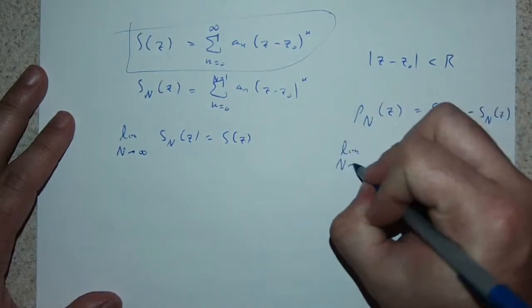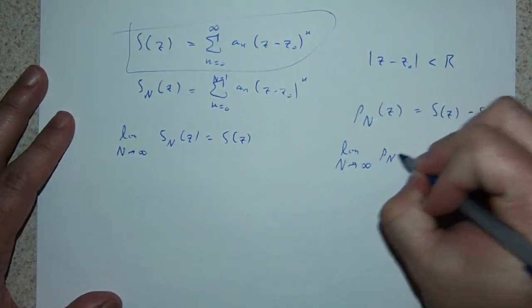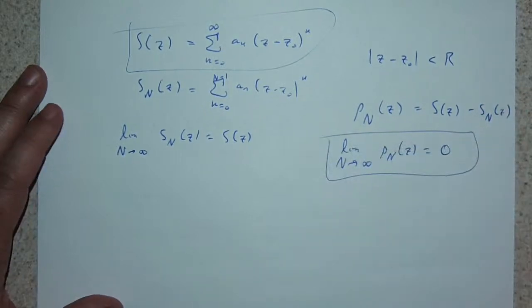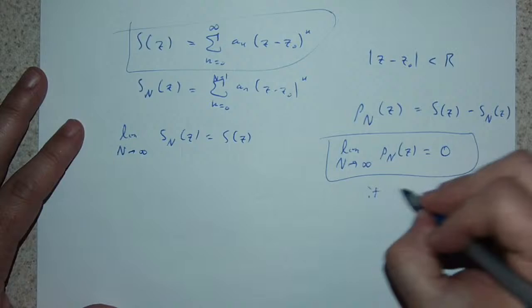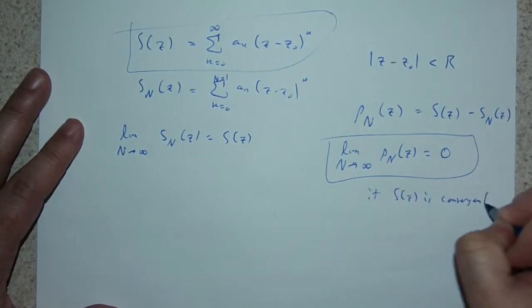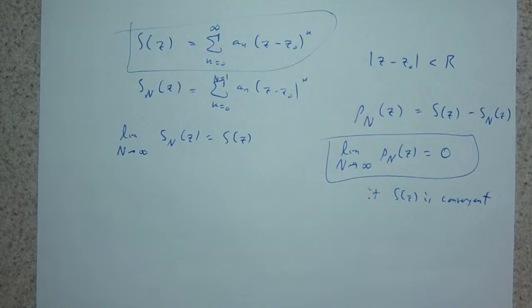We knew that before I even stated the definition, and this is if S of z is convergent. Okay, and so we know that this remainder has to limit to 0, and that's before I even stated the definition of uniform continuity, or sorry, uniform convergence.